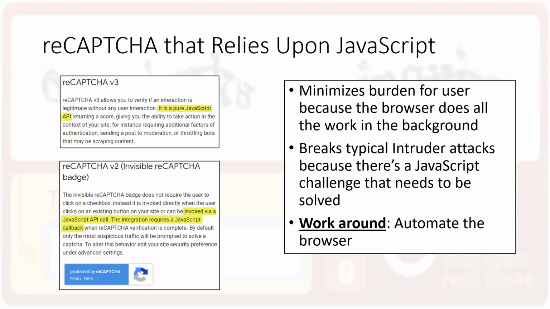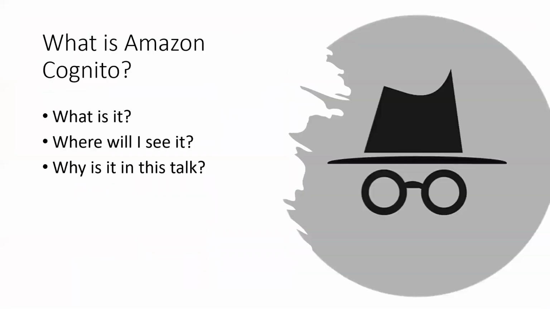The problem is, as a tester though, it breaks typical Intruder attacks, as I alluded to earlier. So the workaround that I've used before is to automate the browser. We'll jump to the next use case.